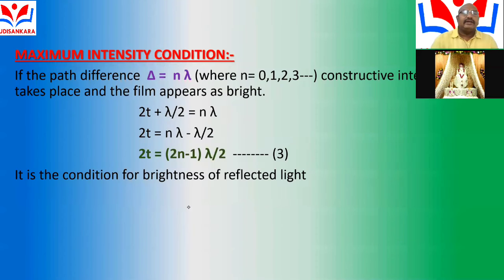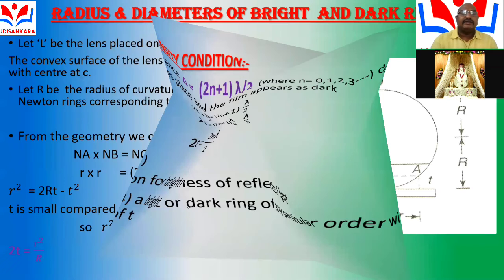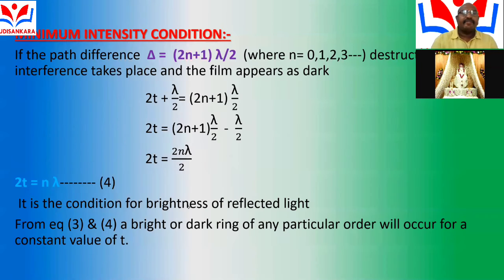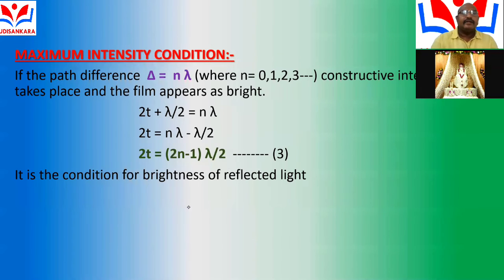What is the minima condition? What is the maxima condition? For the maxima condition, the path difference delta is equal to n lambda, where n is 1, 2, 3 and so on. Constructive interference takes place and the film will appear bright.